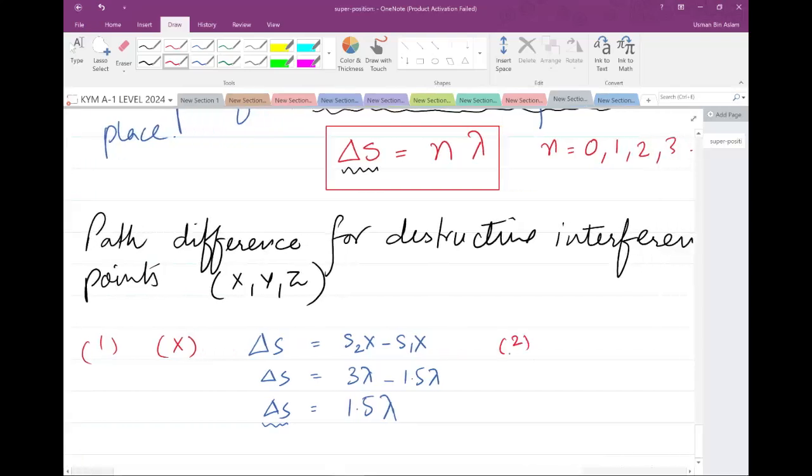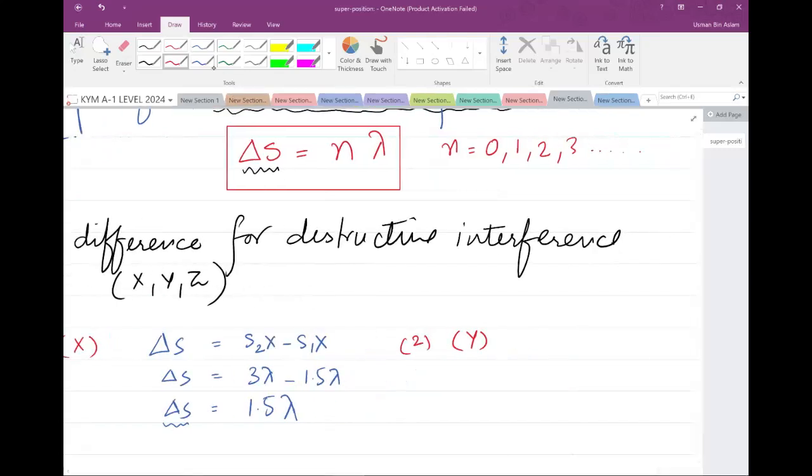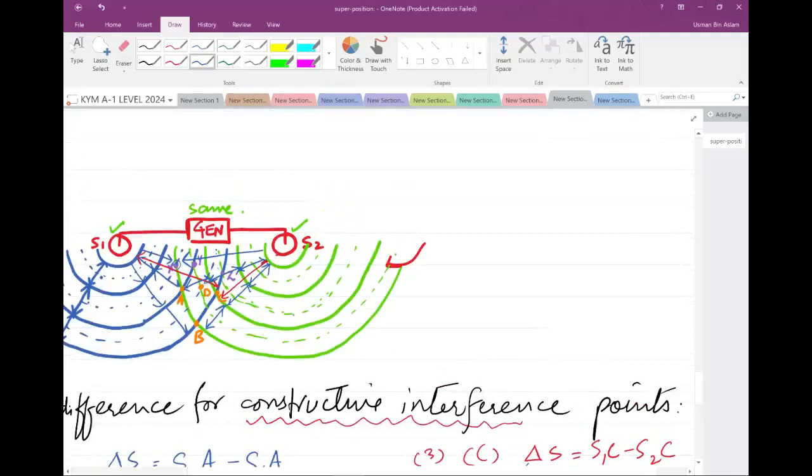Now I'm going to show you for point Y. Delta S equals S2Y minus S1Y. Y is this little point over here. This point is 2.5 wavelengths away from S2 and only 2 wavelengths away from S1.